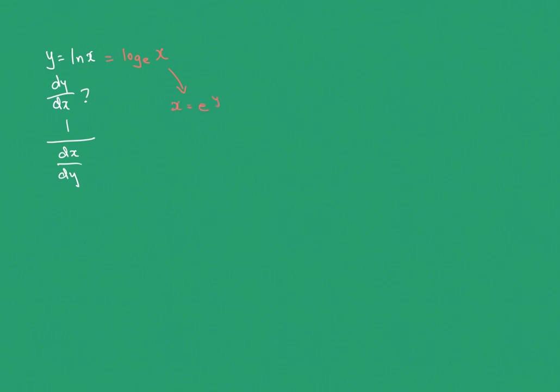So dx over dy would be e to the power of y. And if we sub it back into 1 over dx over dy, we will get 1 over x for the derivative.